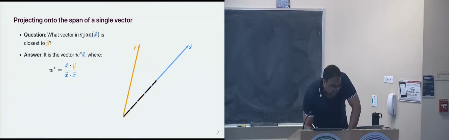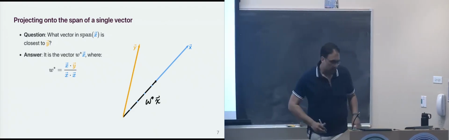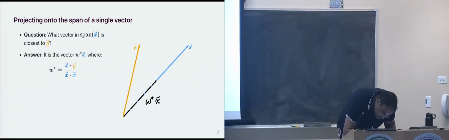And when I choose that specific w, it is the optimal or best w, so I'm going to call it w star. And as we can see here, the associated error vector with it is perpendicular or orthogonal.